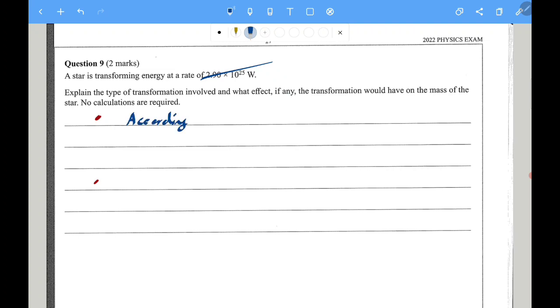Any worded question of energy should involve the principle of energy conservation, right? So you guys can just write this down. Always makes a good impression on the examiners.